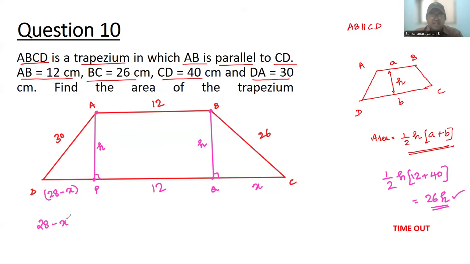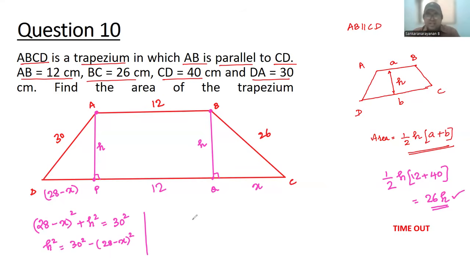28 minus X the whole square plus H square is equal to 30 square. In the same way, can I not say that H square is equal to 30 square minus 28 minus X the whole square? Can I not say that?